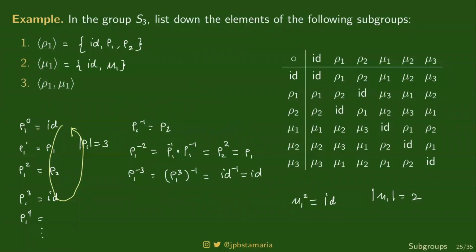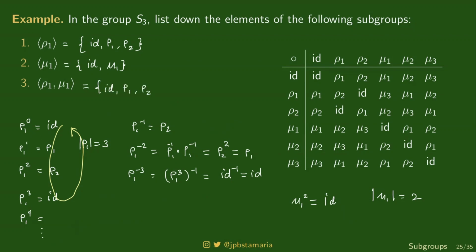Okay? Pero halimbawa, ganito na. Paano na ito? Dalawa na yung elements. Naku, ang dami niyan. Ganito. Ano naman ng subgroup na to? Lahat ng mga powers ni row 1, lahat ng mga powers ni mu1, tapos yung mga possible products nila, lahat-lahat. Halimbawa, ano yung mga powers ng row 1? So, syempre kasama itong dalawa.